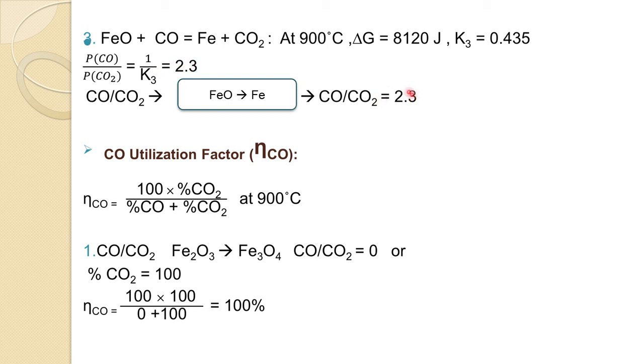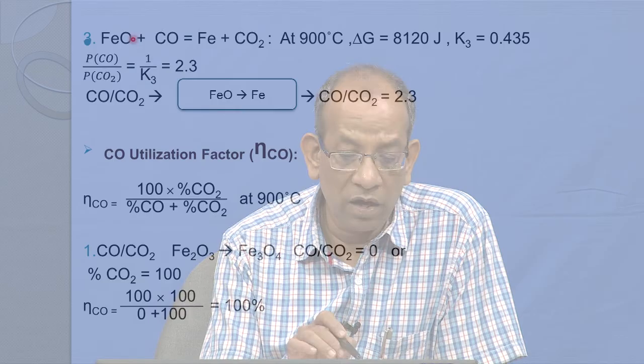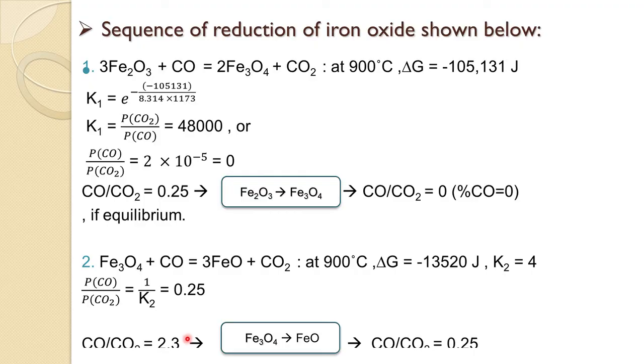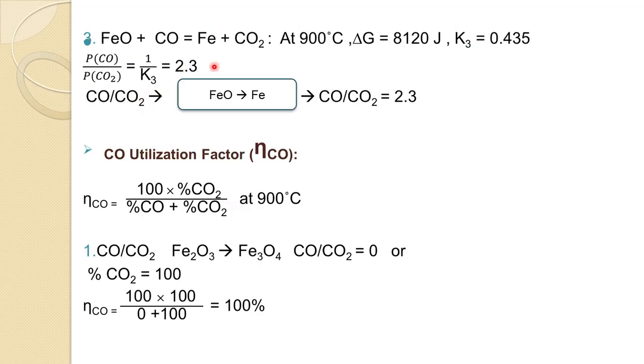So, that is the minimum which you need. So, this is the one which is going to the upper zone where magnetite gets reduced to wustite, and then that is 0.25, and that one goes to another upper zone where hematite is reduced to your magnetite. So, that is how these ratios are coming over here.